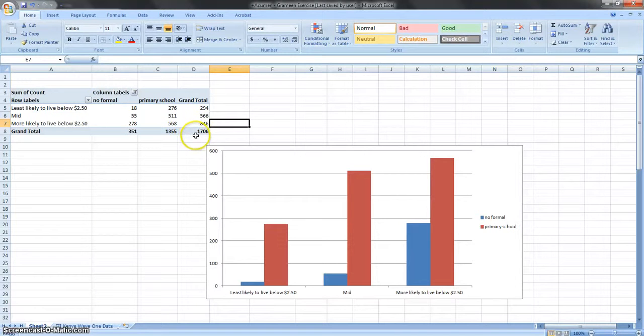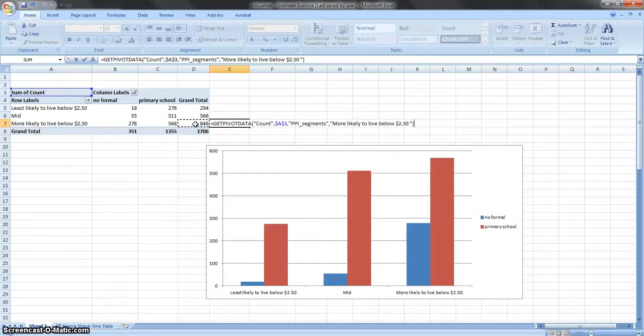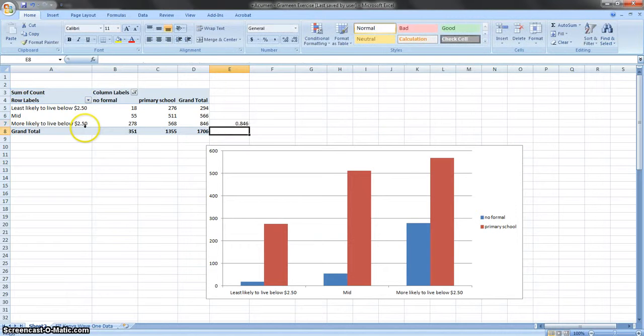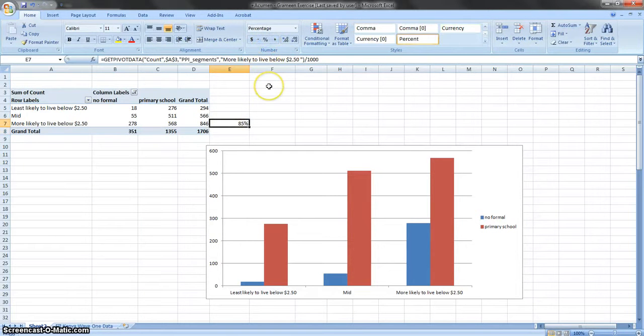So for taking the percentage in each of the segments, we want to do this, because this is the total between no formal and primary school for the ones who are more likely to live below the 250 line, over 1,000, because we know that we have 1,000 cases in each of them. So again, we have 85% of the ones living below the 250 line with no formal or just primary school education.